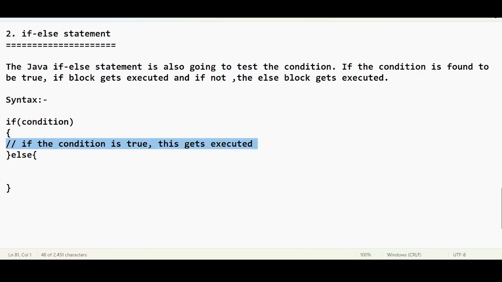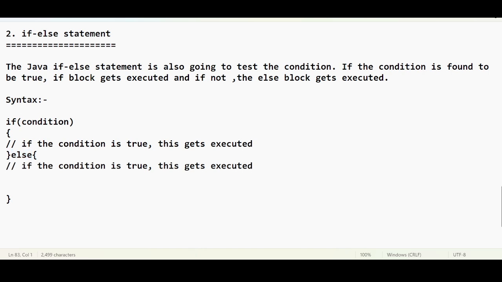Always remember, the else block cannot stand all alone. It has to come along with the if block. It cannot be a standalone statement; it should always be used along with an if condition, right?